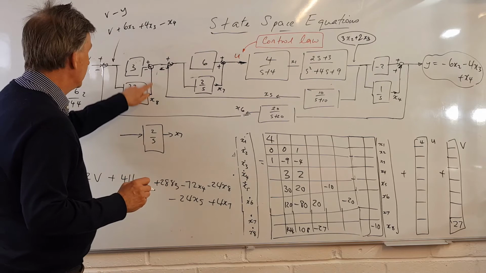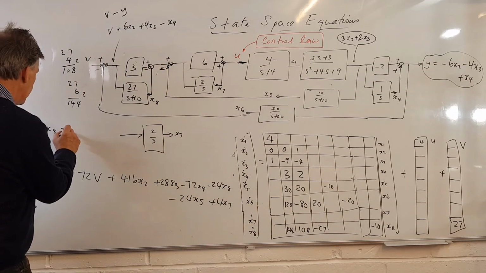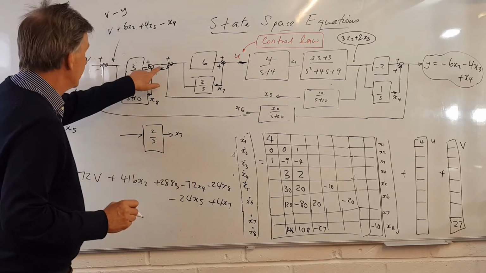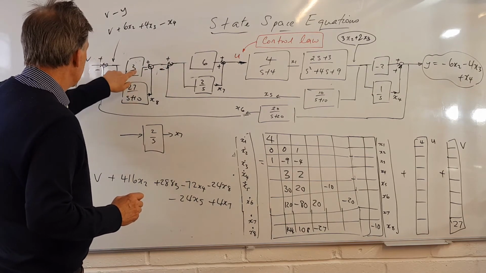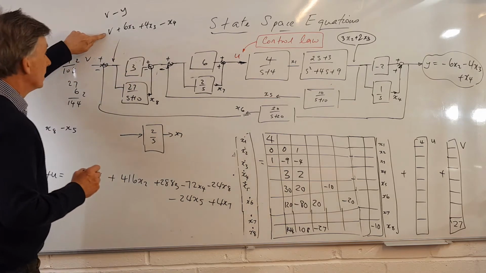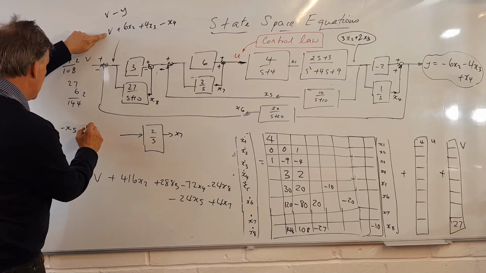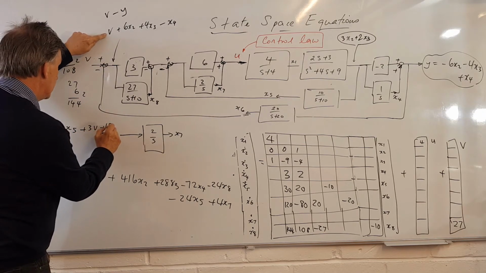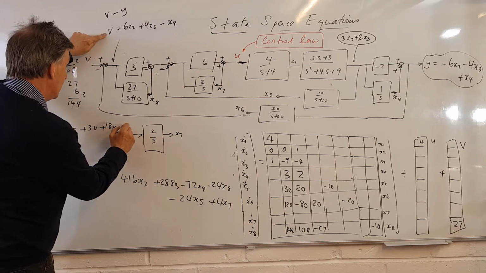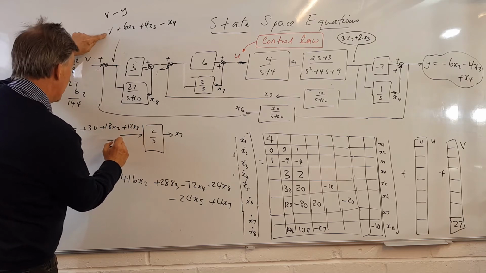So it's got an x8 coming that way. It's got a minus x5, and it's got this signal here, which, well, it's got the x8, so it's 3 times this. So it's going to be 3v plus 18x2 plus 12x3 minus 3x4.